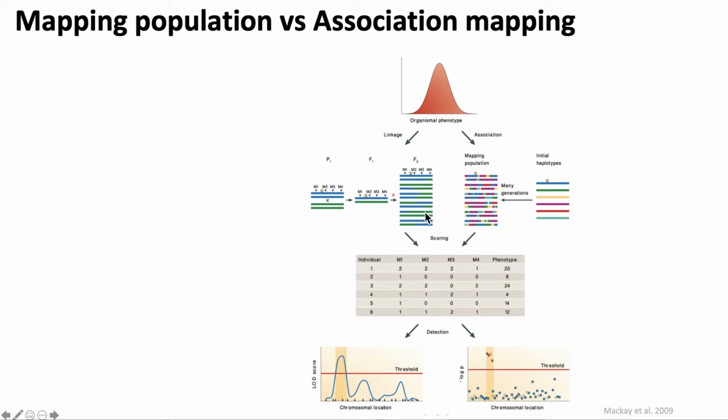As you can see here, when we combine just two parents, in the case of QTL mapping, we are just going to assess the effect of two alleles on the phenotype that we're interested in. But in association mapping, we have a lot of different alleles, and I represent the alleles here with different colors.